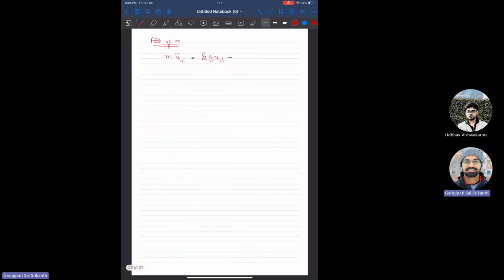Okay, let's just write it from simple. Just draw the free body diagram. I think it's not complicated unnecessarily.